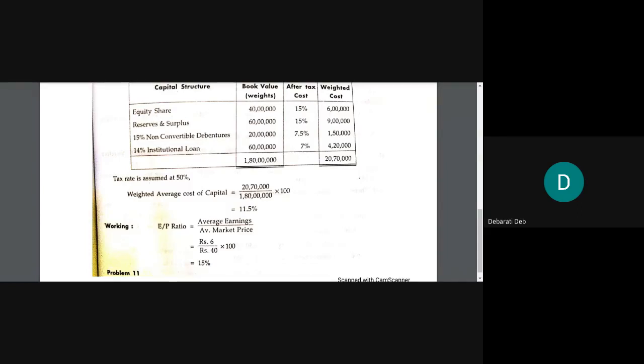Tell me, you all are sleeping or what? What is the cost of retained earnings formula?